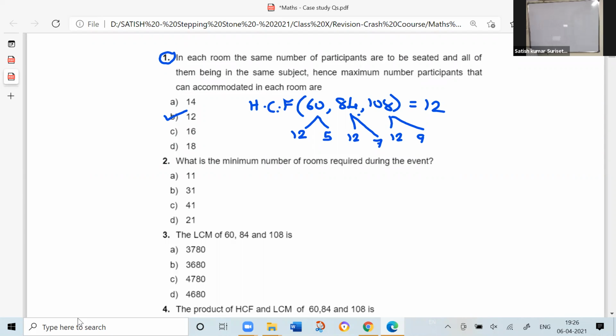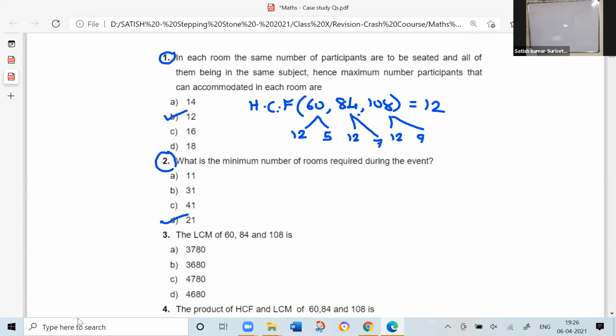So what is the answer for the second one? Fast. 21. Tell me the answer. 21, everybody counted? 21 is correct. Now tell me the method here.